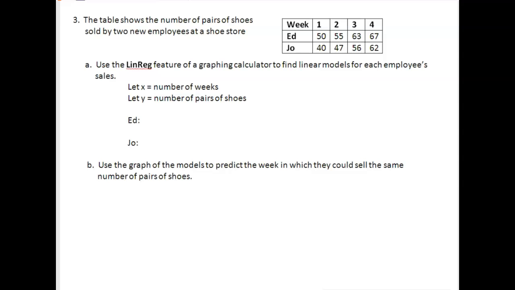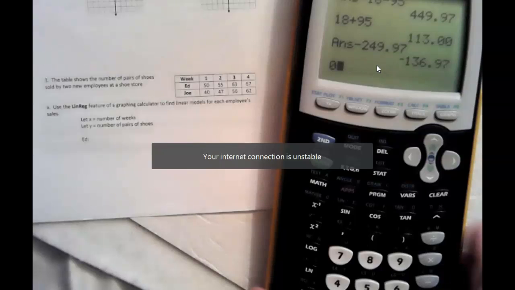So what we can do is look at each of those models. So go ahead and take out your graphing calculators. So what we're going to do is use the table of values in order to find our linear regression for each of the equations.